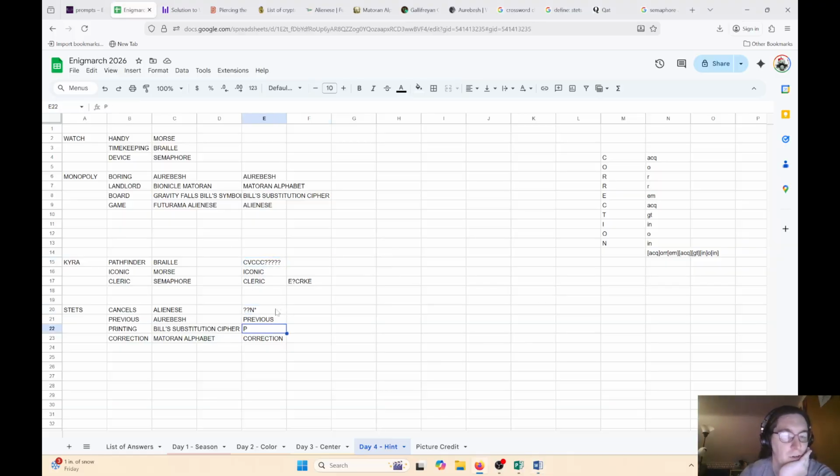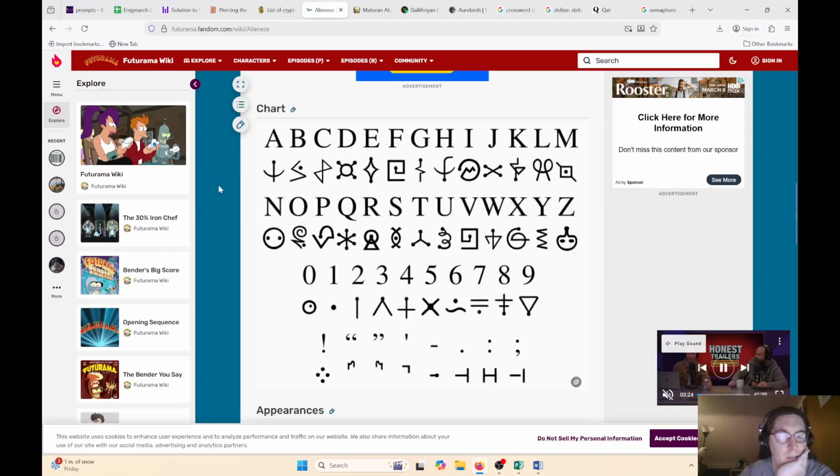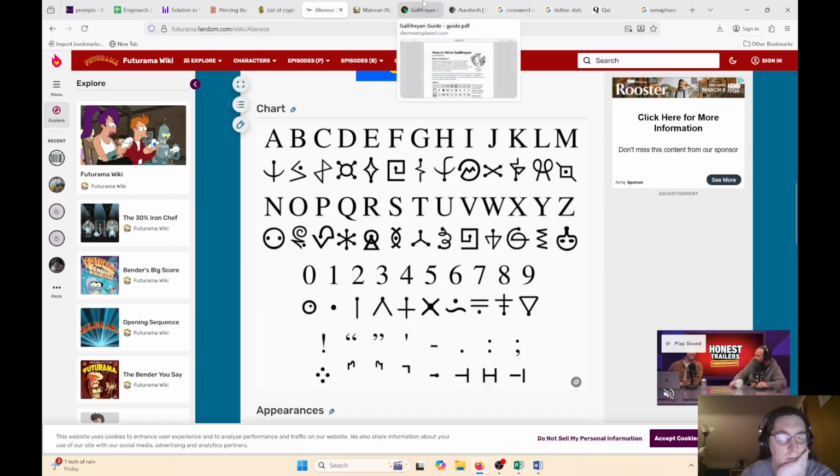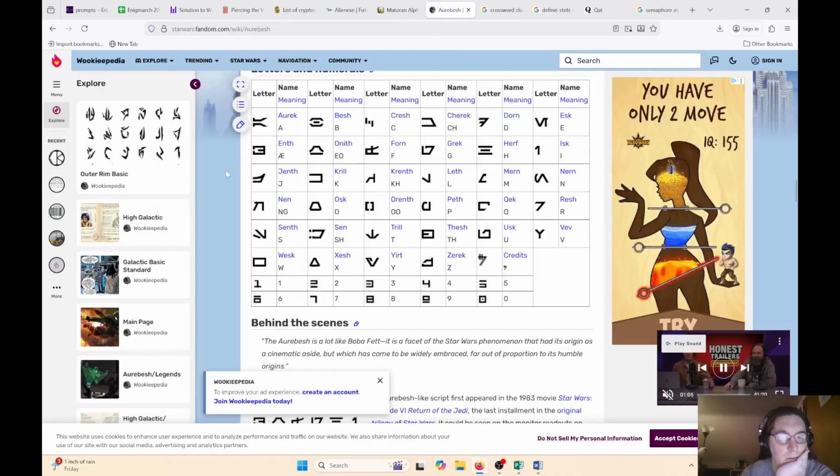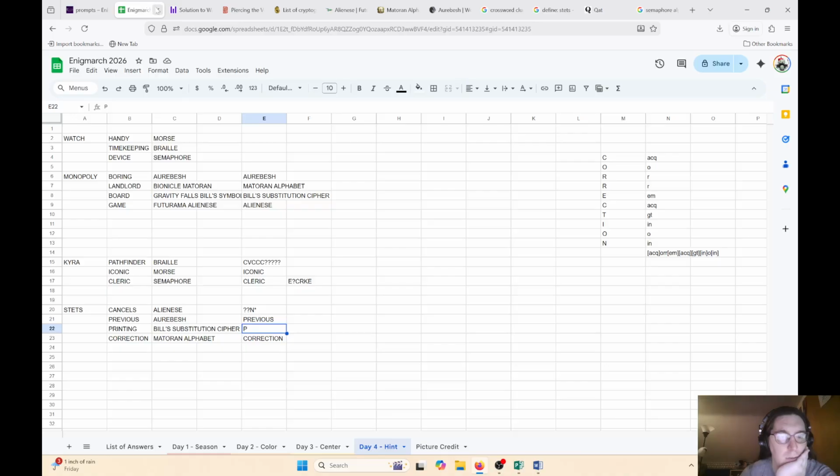Okay, so this is what we have so far. If we take a look at alienese, we no longer have Galfrey in this. What am I missing?